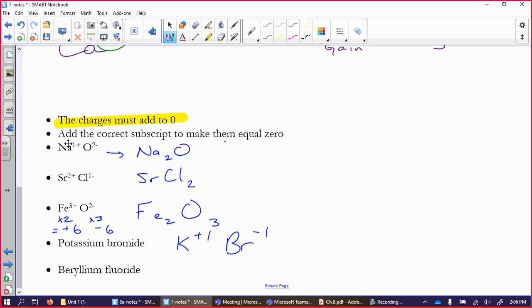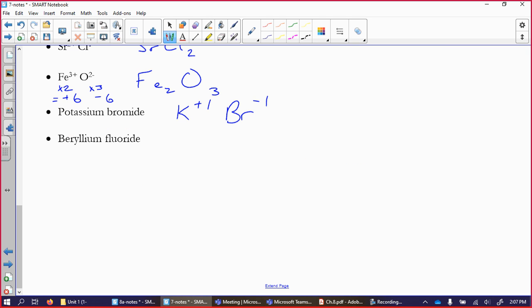So with an ionic compound, it's all about charges. We have to say, well, I need 2 plus 1s because each sodium in that case is plus 1. So we get 2 positives, each oxide is 2 negative, and those balance out. And that's the fundamental bit behind ionic compounds.